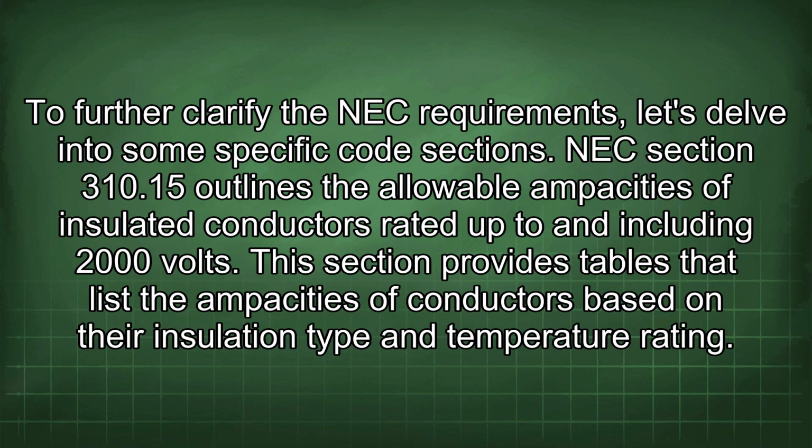To further clarify the NEC requirements, let's delve into some specific code sections. NEC Section 310.15 outlines the allowable ampacities of insulated conductors rated up to and including 2000 volts. This section provides tables that list the ampacities of conductors based on their insulation type and temperature rating.